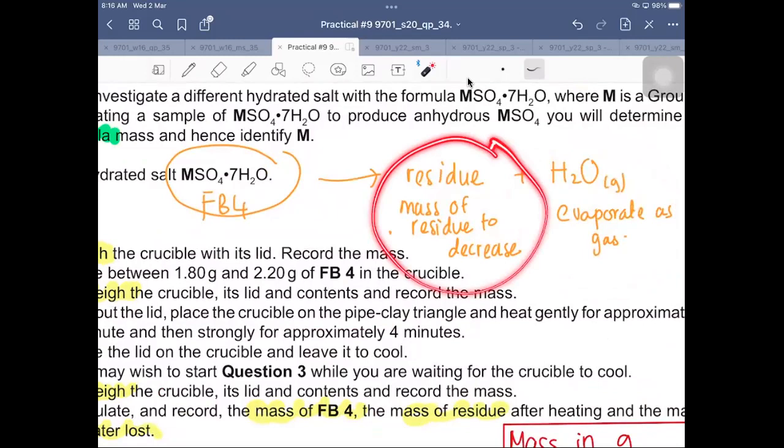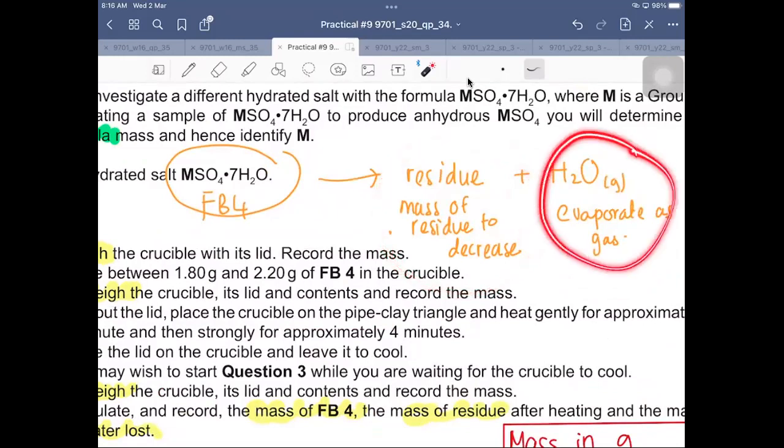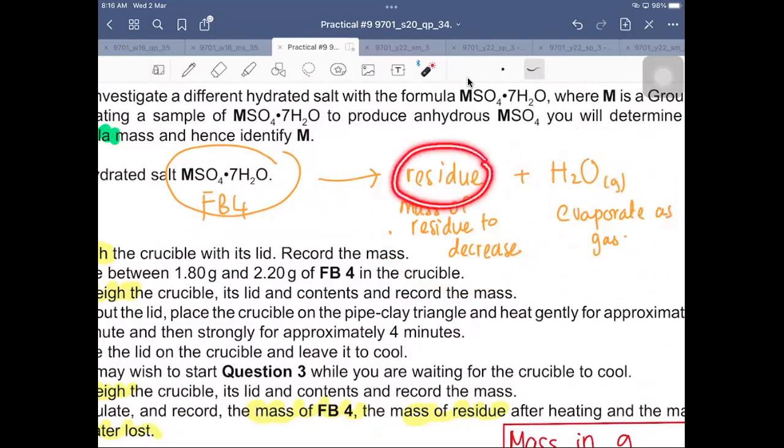Remember, as I said just now, whatever mass we have lost as gas, that is the decrease in mass from the FeSO4 to the residue. For example, I started with 5 grams of FeSO4, and then my residue is 4.5. So there's a decrease, right?